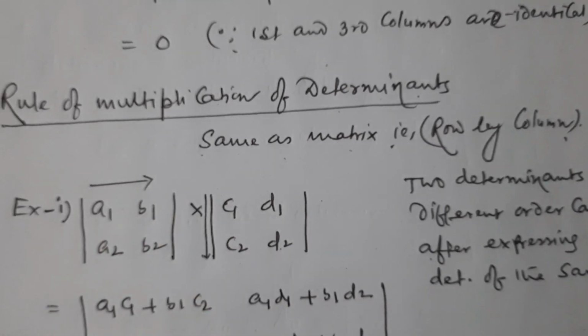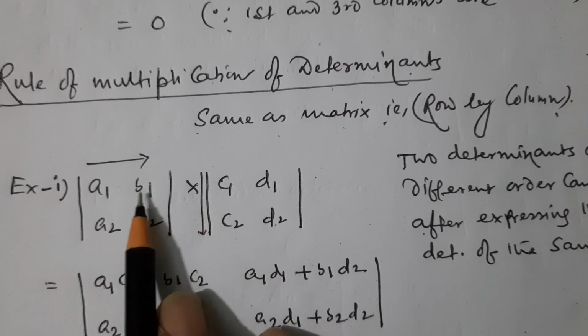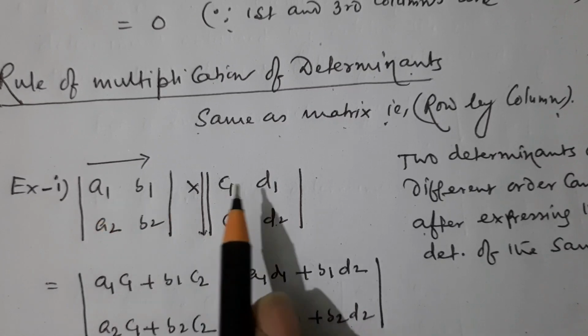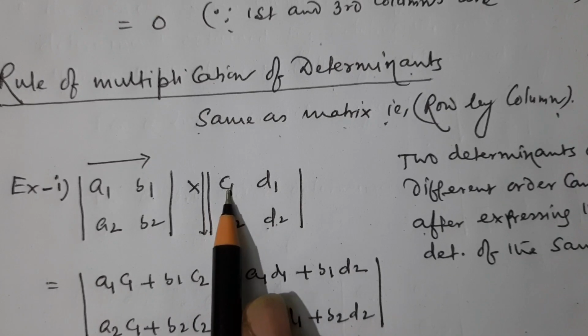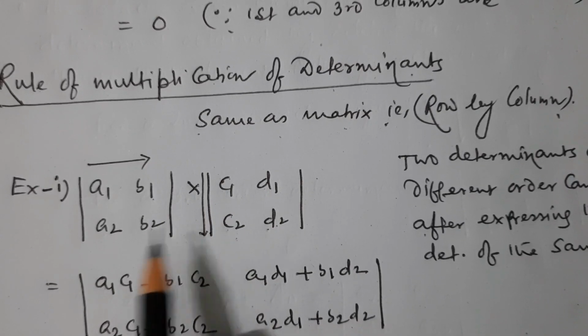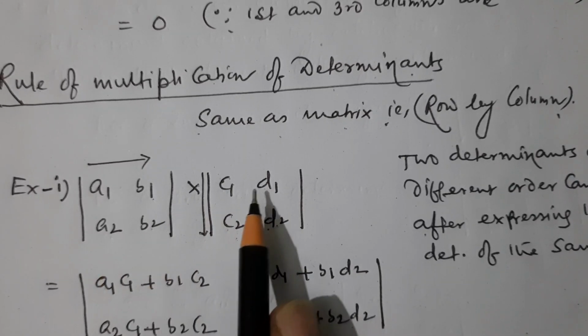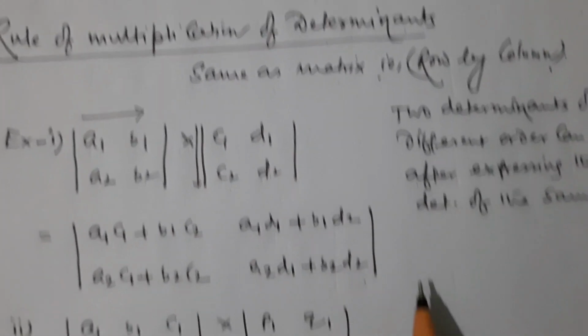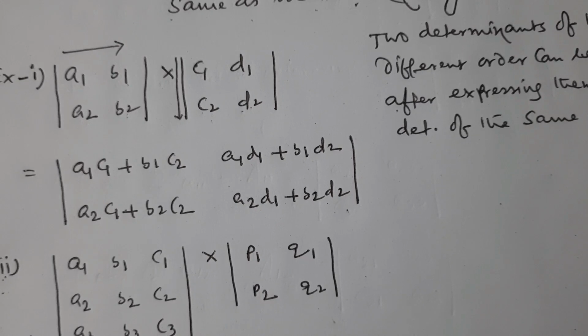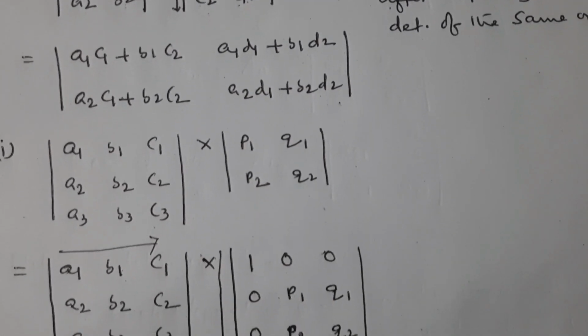Row by column: A1 C1 plus B1 C2, A1 D1 plus B1 D2, A2 C1 plus B2 C2, A2 D1 plus B2 D2. Otherwise row by row or column by column, anything else it can be.